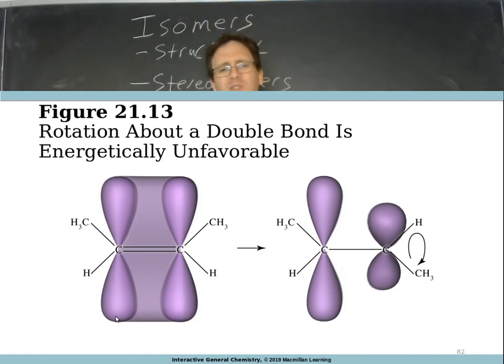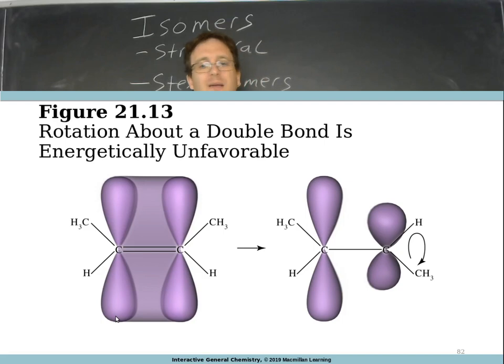Well, you can rotate freely around a single bond. We already showed that with the butane. But if you were to try to rotate that molecule around the double bond, then those p orbitals would no longer overlap. And if they don't overlap, then they aren't bonding anymore. So in order to twist that, you would need to have enough energy to break the pi bond component of the double bond.